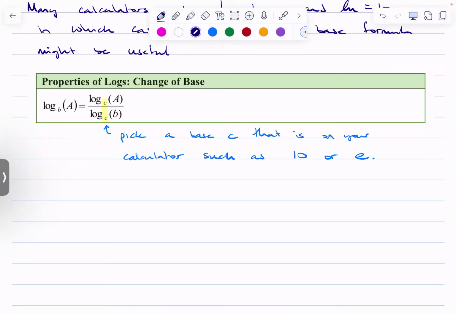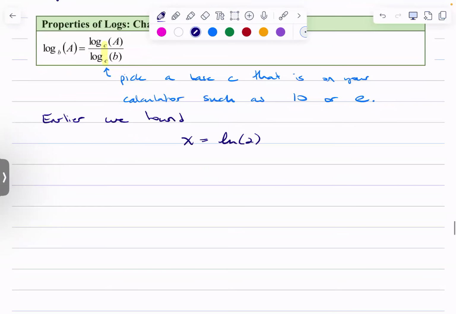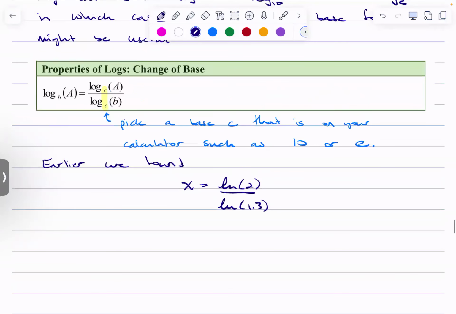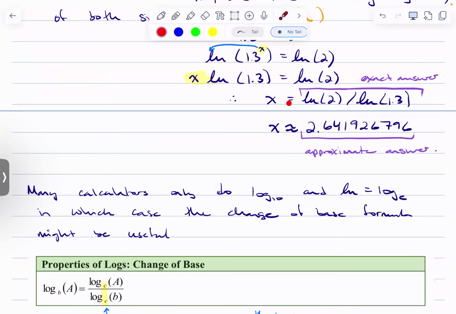Earlier we found that x was log of 2 over the log of 1.3. That's log base e. So we found the exact answer was the log base e of 2 over the log base e of 1.3.